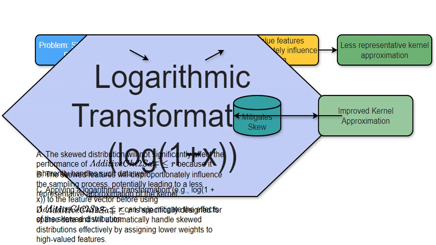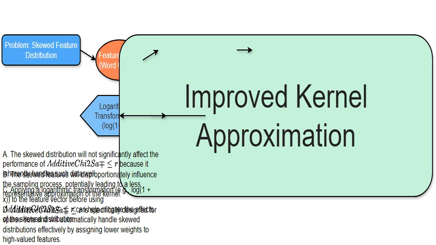I can fix the issue using a logarithmic transformation, such as log 1 plus x, which shrinks the large values while making smaller values relatively larger. This makes the distribution less skewed. Think of it like shrinking the mountain of red candies to a small hill and making the small hills of other candies more prominent. This is absolutely true.